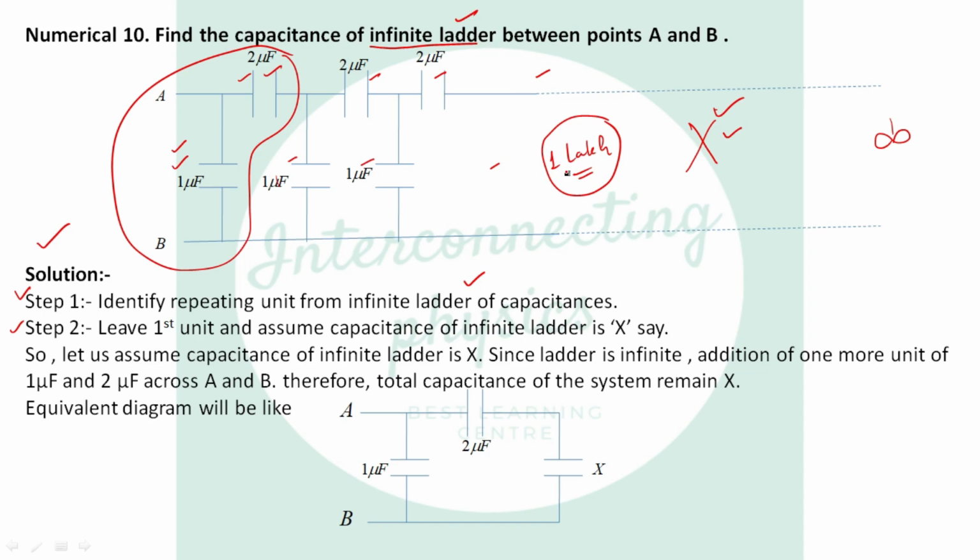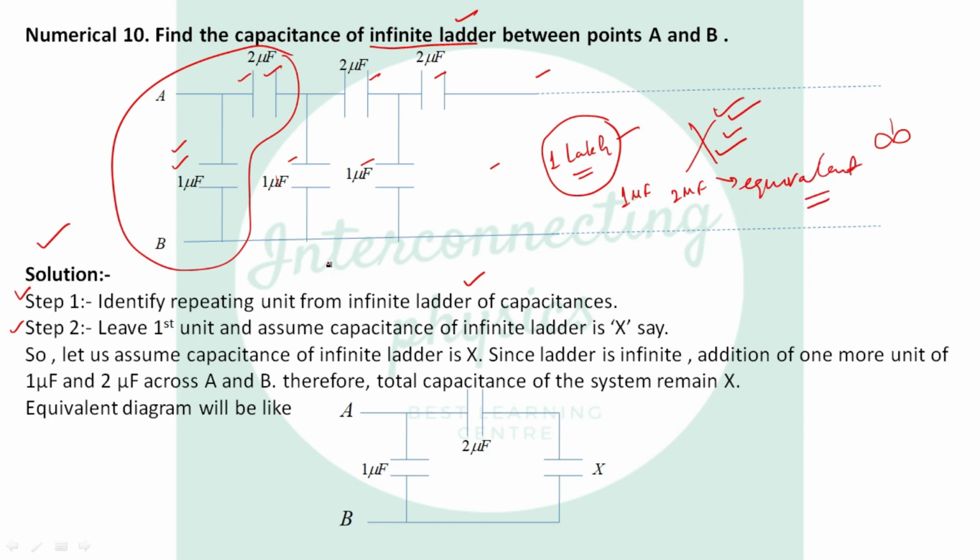No, it will not, because in 1 lakh capacitors, adding 1 microfarad or 2 microfarad doesn't affect the equivalent capacitance. It means the whole circuit has equivalent capacitance X.